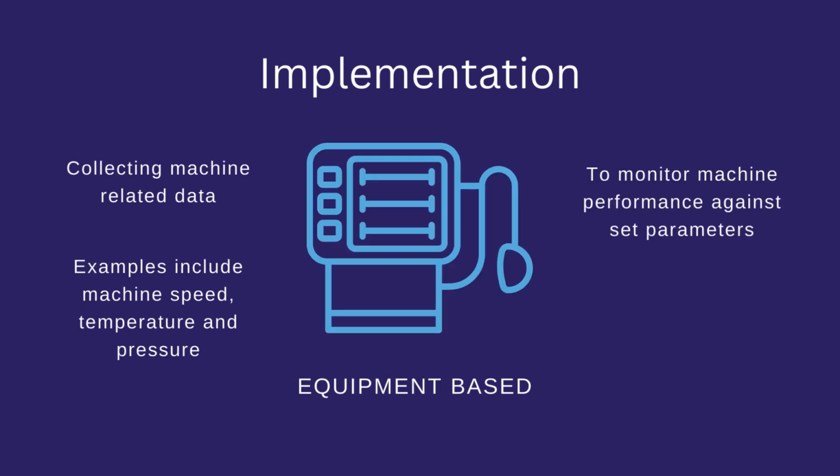Equipment based. Equipment-based remote monitoring means collecting machine-related data and sending it to a remote computer or server to monitor its performance. The equipment-specific variables include speed, temperature, pressure, and product level. The purpose of equipment-based remote monitoring is to monitor machine performance through various models.